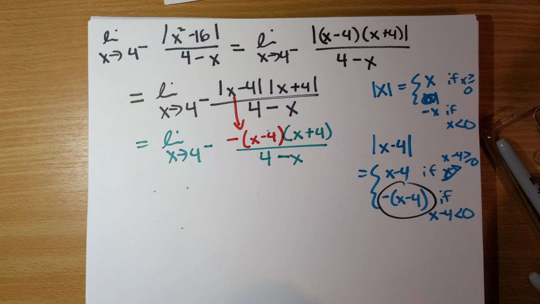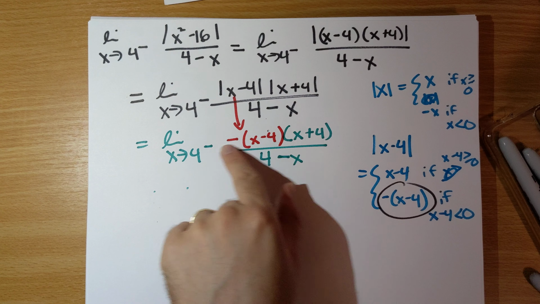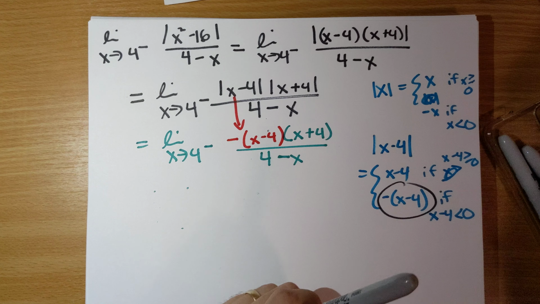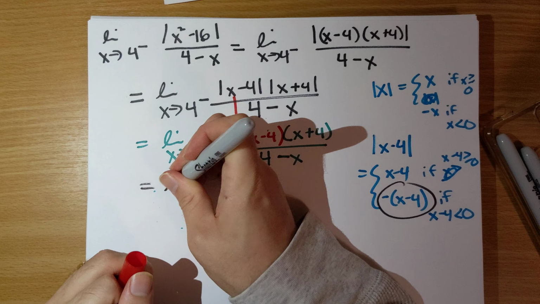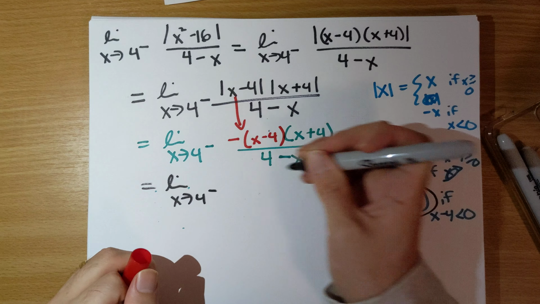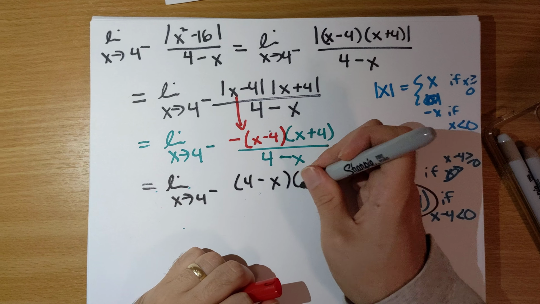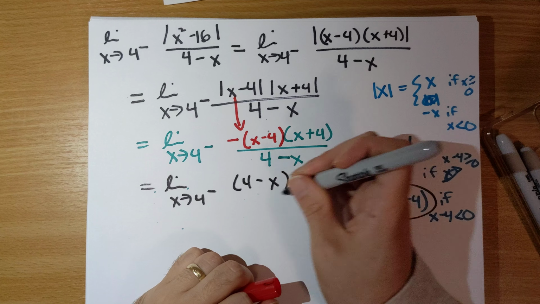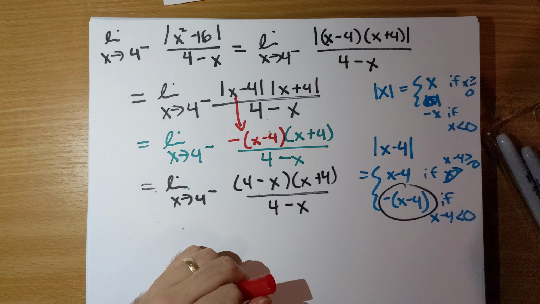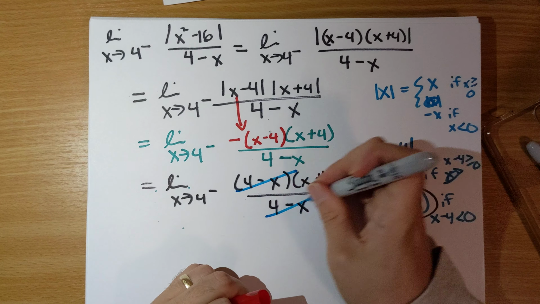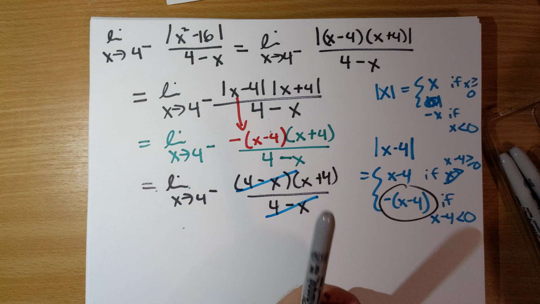If we distribute through that minus sign, we get 4 minus x, and oh look, that's going to cancel with the downstairs factor. So cancel, cancel.